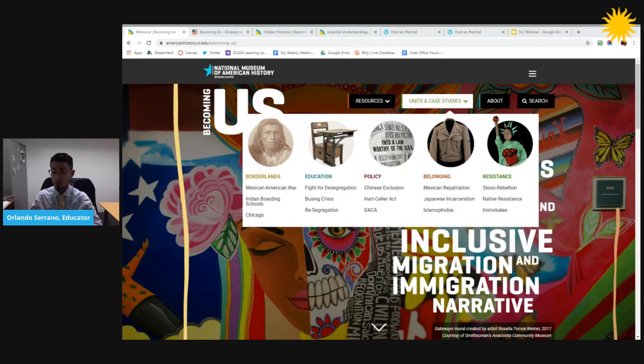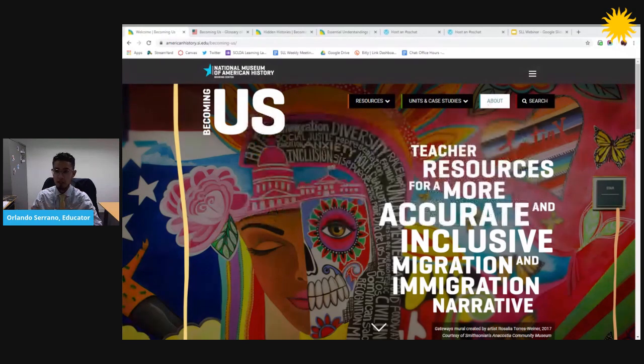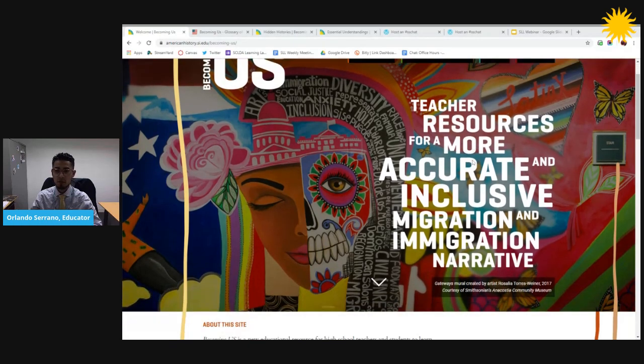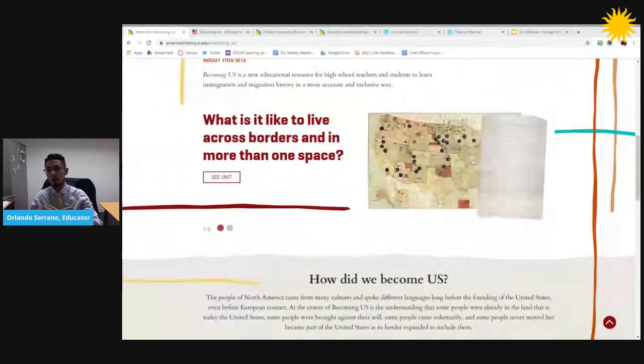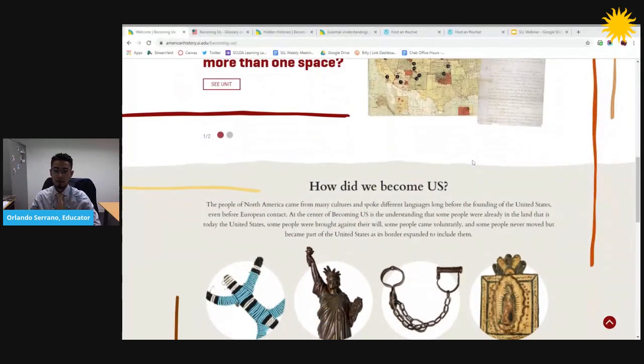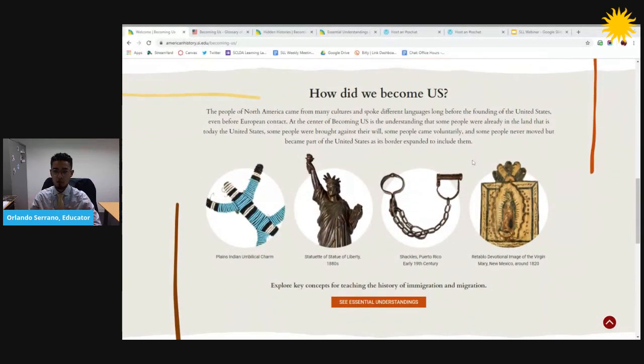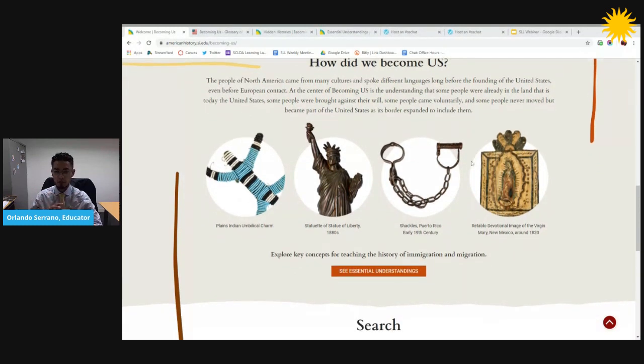On the About page, we talk about how the project came to be, who was involved. But then as you scroll down, I do want to point out a couple of different features here. Here you see a general overview, again, of how did we become us? And that is the question at the opening of Many Voices, One Nation.